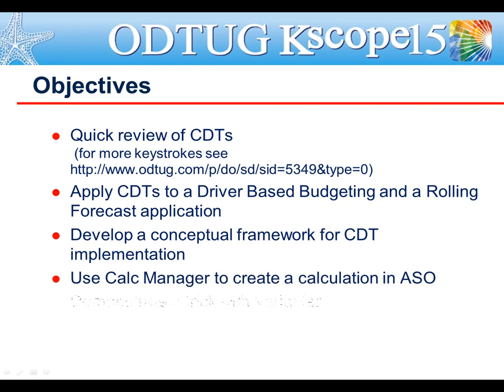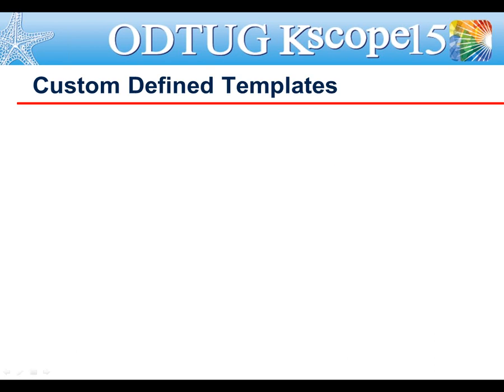And we're also going to address a couple of questions that came up during the Kscope presentation, one of which is using Calc Manager to create a simple ASO calculation. And also there's a trick with variables that someone asked about, so I'll try to address that as well.